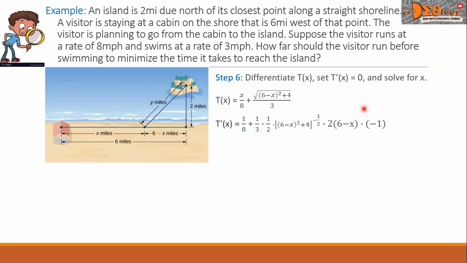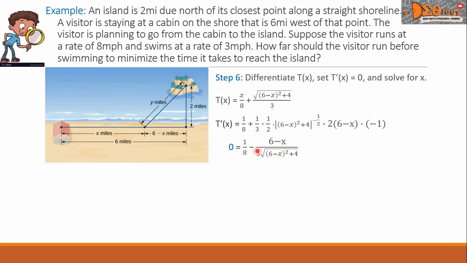Now, let us simplify this big expression here. Also, let us set T prime of x equal to 0. So we will have 0 equals 1 over 8 minus (6 minus x) all over 3 times the big radical here. From here, let us now solve for x.